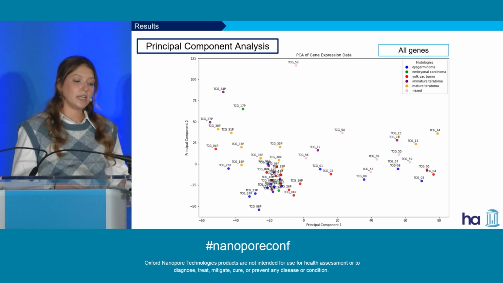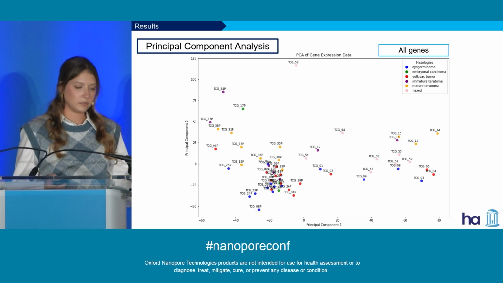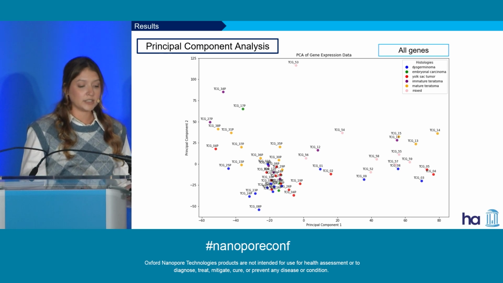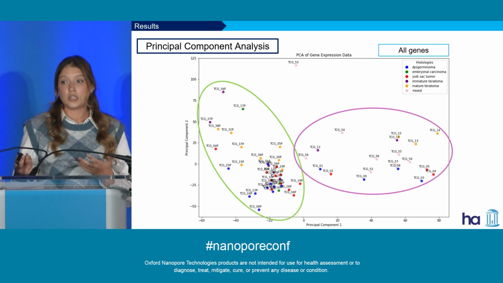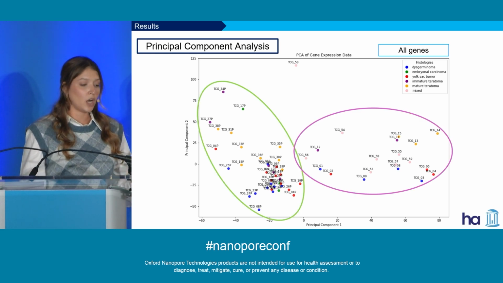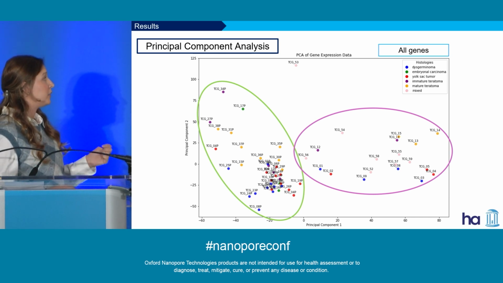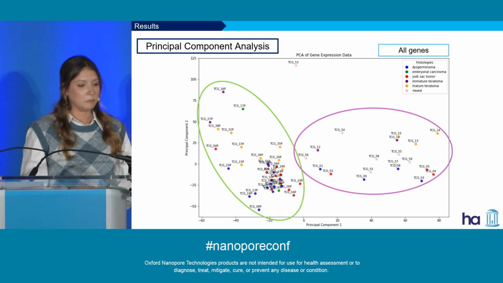So to inspect the data, we ran the PCA with all of the transcriptome data. And interestingly, instead of getting a separation based on their subtypes, we got a separation based on their storage. So we got here in green all the samples that were from FFPE, and in pink all the samples that were from cryopreserved tissue.